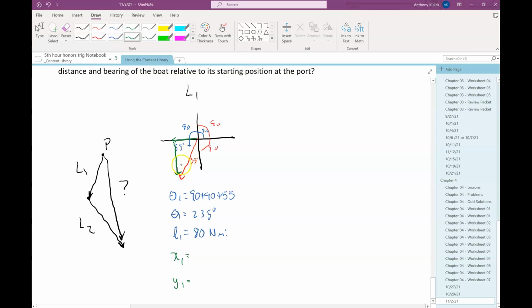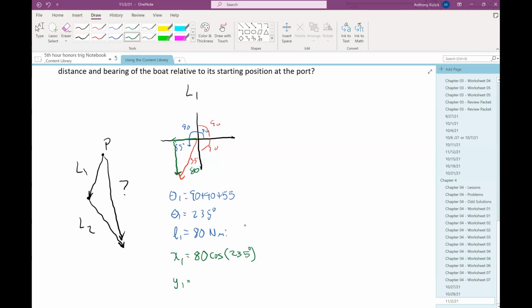So I know the length of this side is 80. And I know that this standard position angle is 235. So the horizontal side is going to be represented by cosine, because that's the adjacent. So it's just going to be 80 times cosine of 235. And I want to use the standard position angle here because I want the x's and y's to be potentially negative.